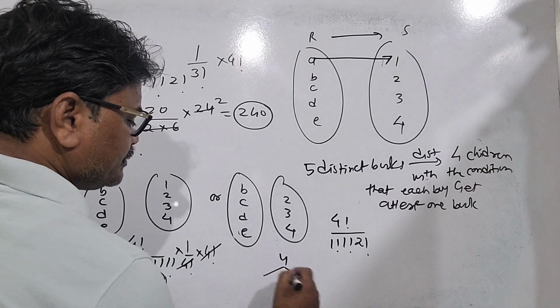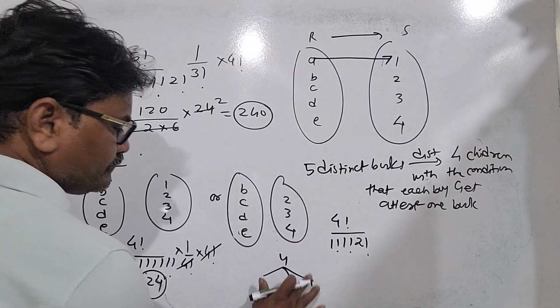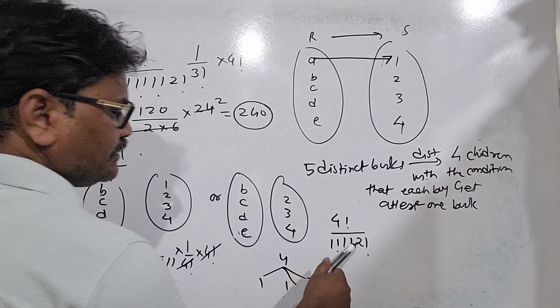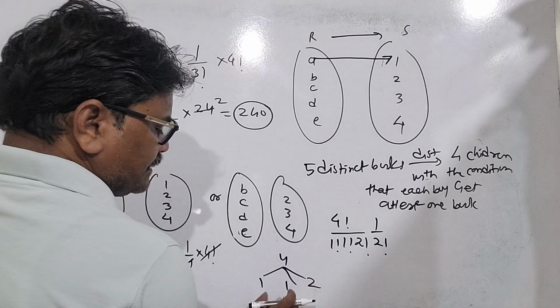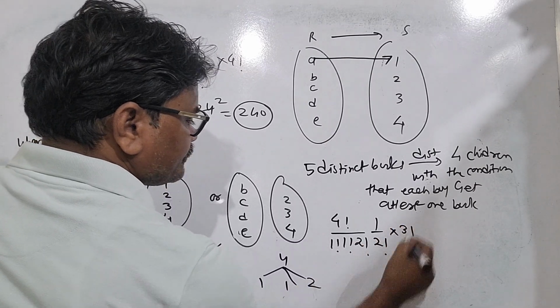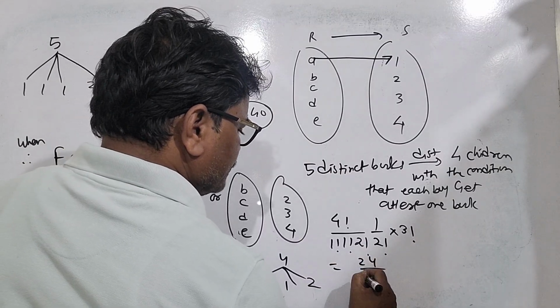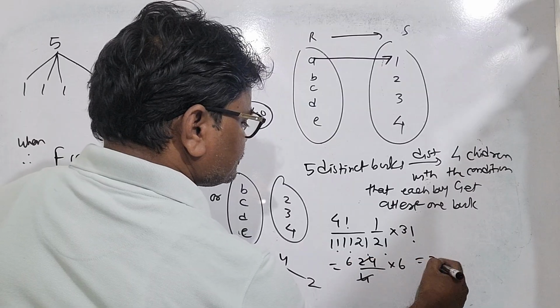Because 4 can be distributed into 3 as 1, 1, 1 for one onto function, so I can give one more to any one of them. So 1 upon 2 factorial, because 1, 1 is the same, and distribute among 3, that is 3 factorial. So this comes to 24 by 4 into 6, that is 6 into 6, that is 36.